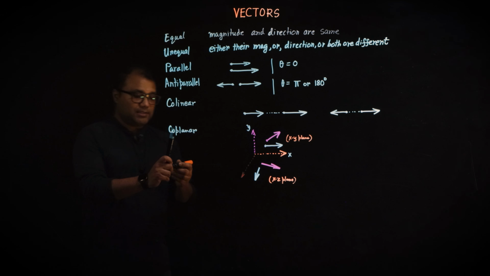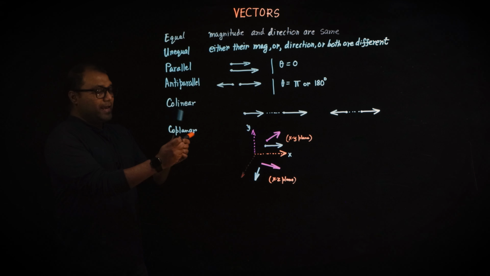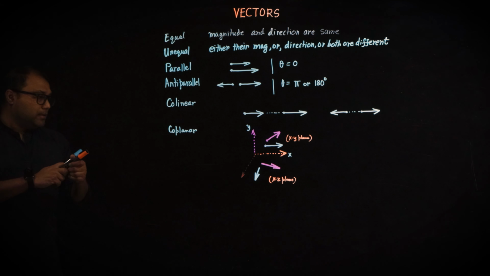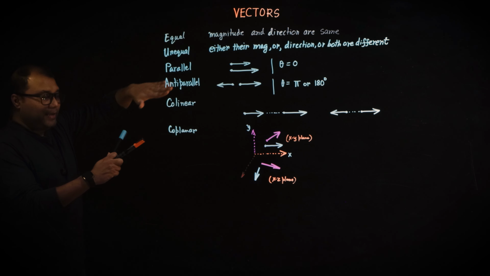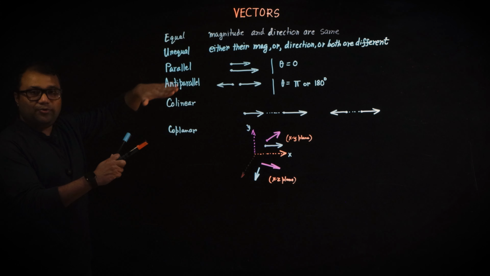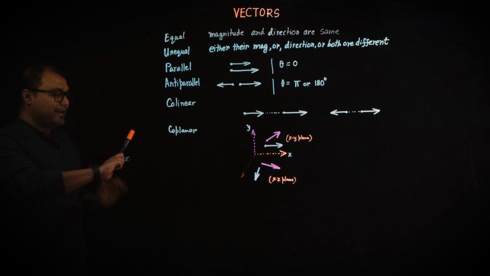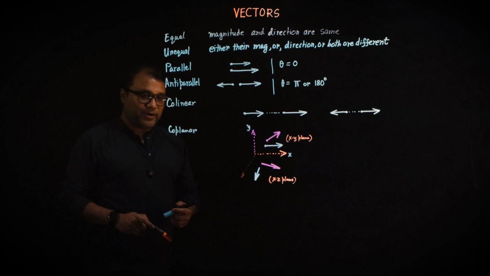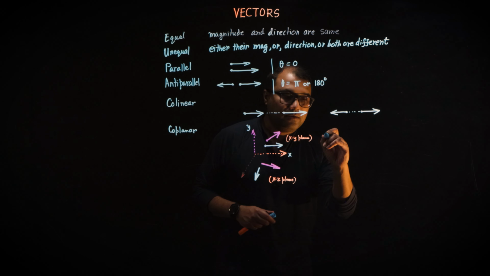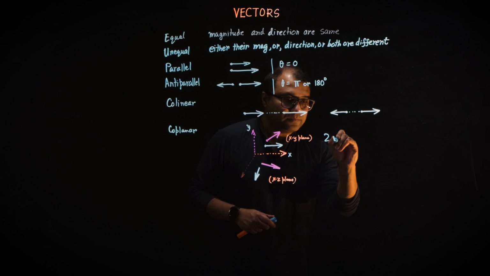You have to imagine this. Even if I put it at any angle in any orientation, these two vectors, I will always have a plane which contains both of them. So two vectors are always coplanar.